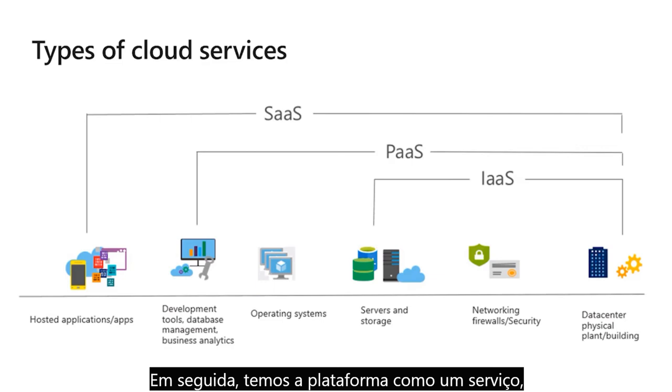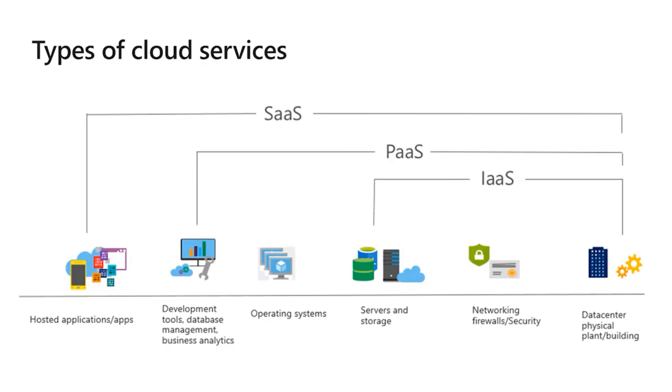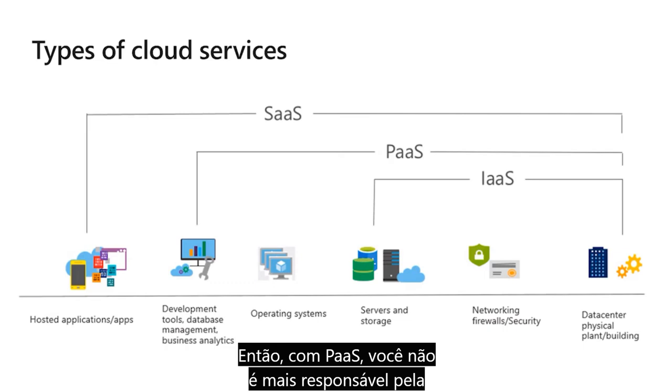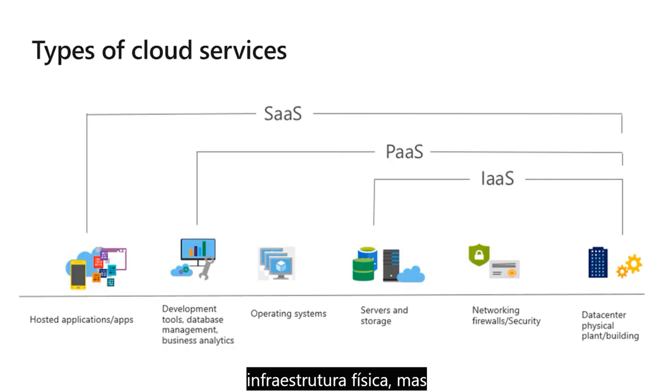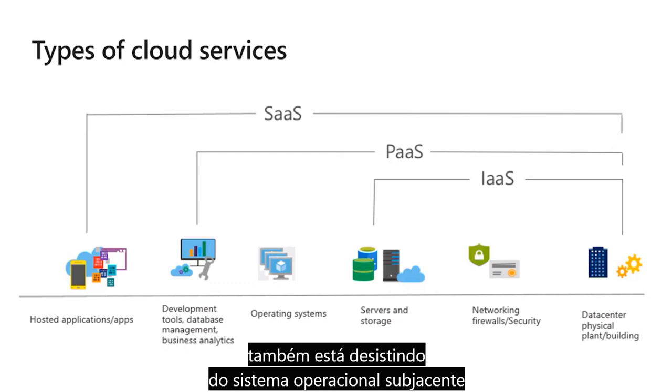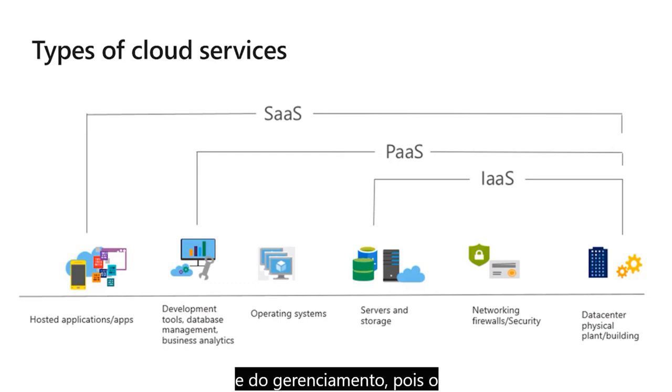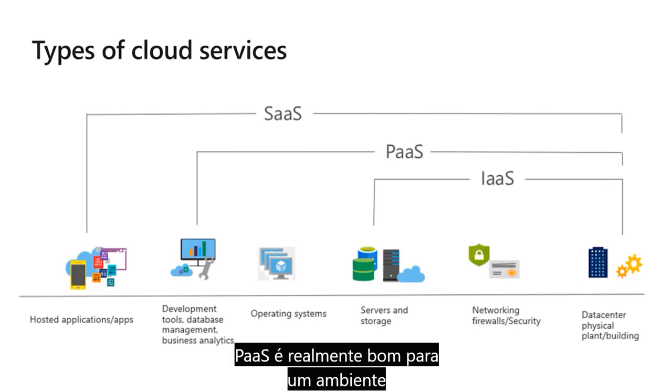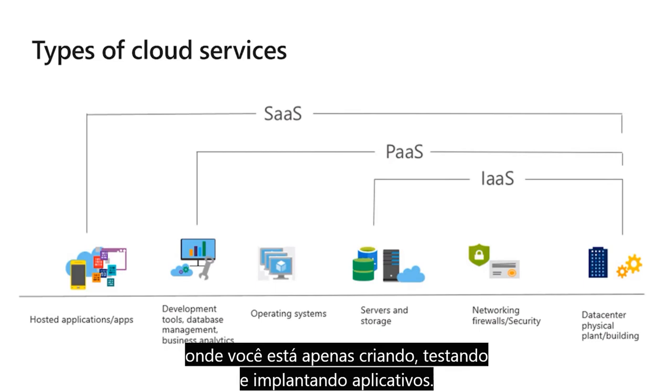Next, we have platform as a service, which is the next level up, which also is known as PaaS. Now, as you'll notice on the graph, each one also includes IaaS. So with PaaS, you are no longer responsible for the physical infrastructure, but you're also giving up the underlying operating system and management, because PaaS is really good for an environment where you are just building, testing, and deploying applications.